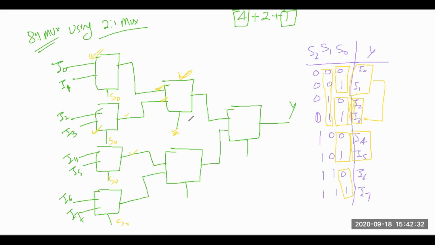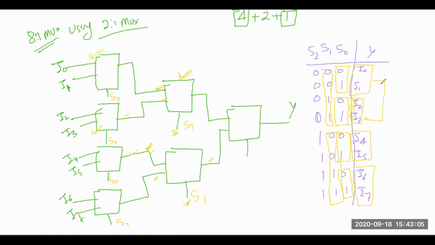That's why I'm taking S1 here. In the same manner, here also, in this pin you will get either I4 or I5. For selecting this as your output, you need to take this one as 0, so the same thing I am doing here. And for connecting this output to this point, you need to consider the select line as 1. So this is possible if I take this one as S1.